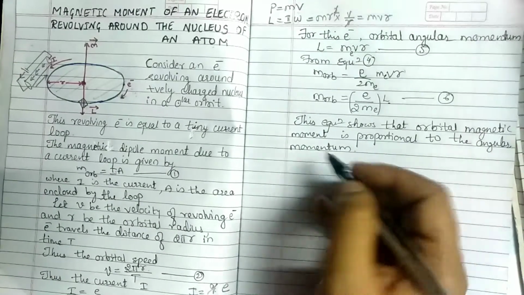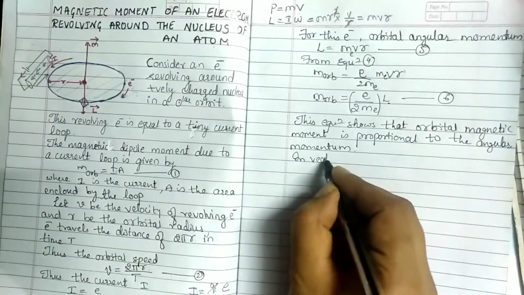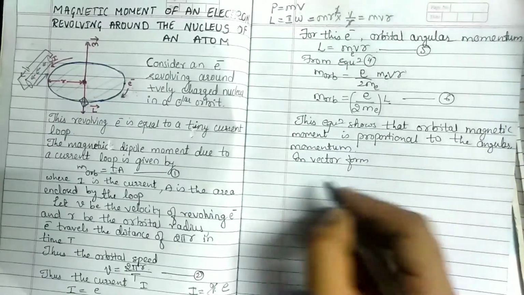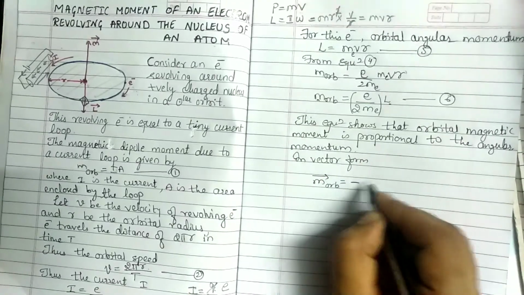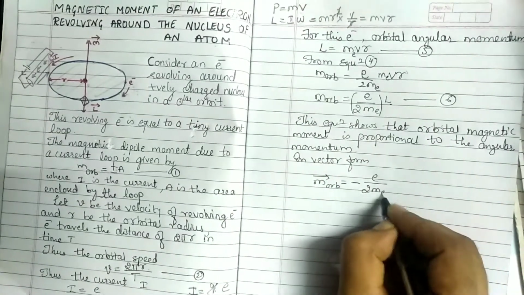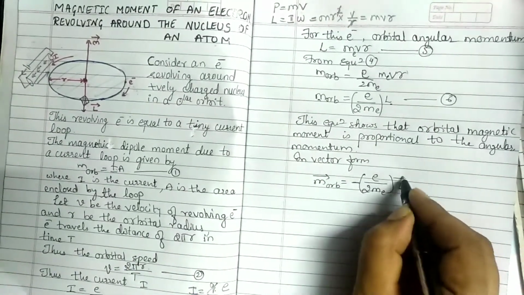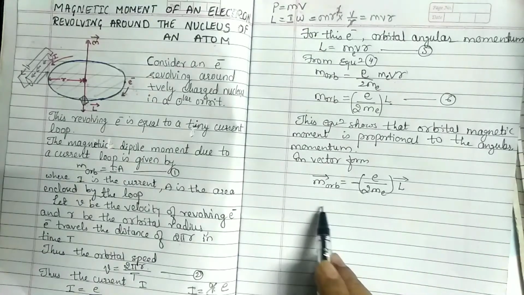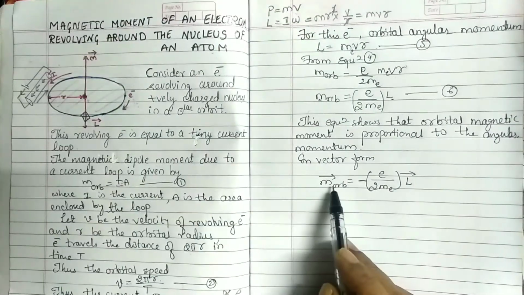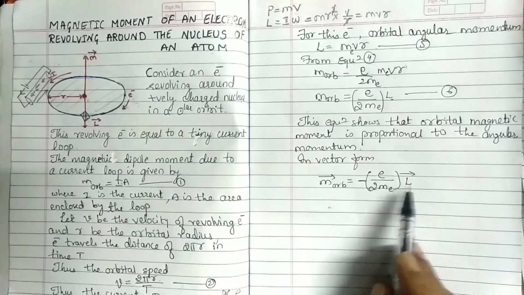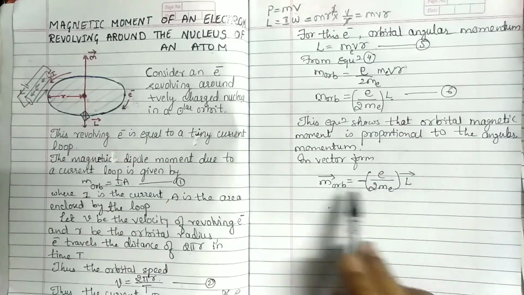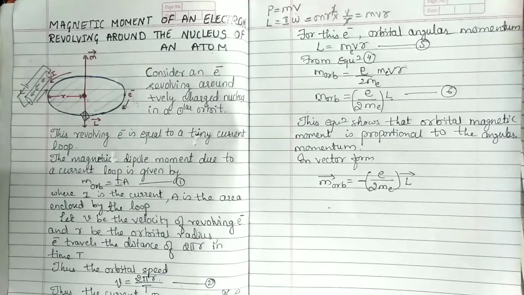Okay, so if you want to write in vector form, what you have to take? You have to take the vector m orbital equals minus E by 2me, and here also the vector L. This minus sign indicates that m orbital and L are opposite in direction and perpendicular to the plane of the orbit.